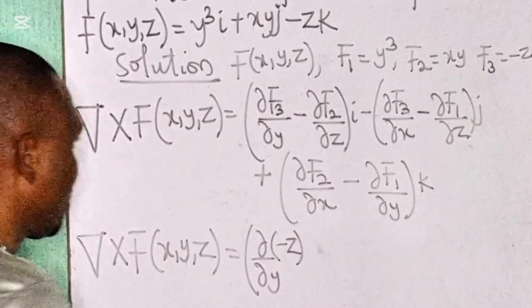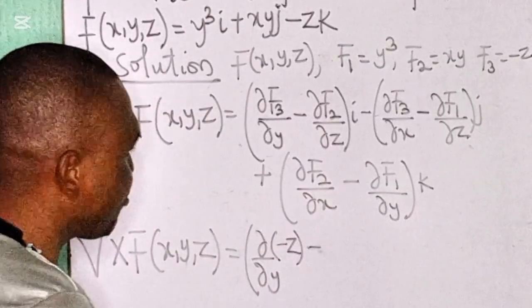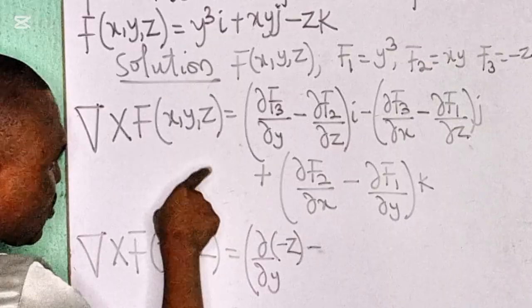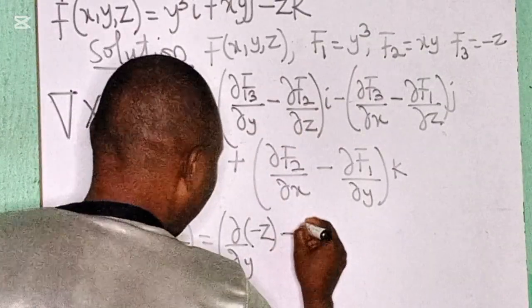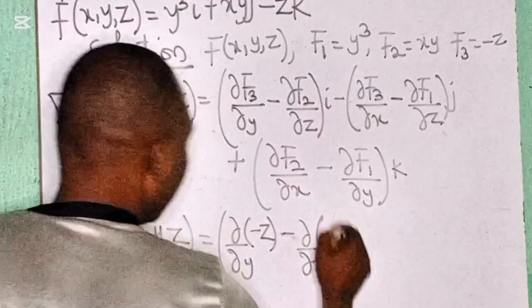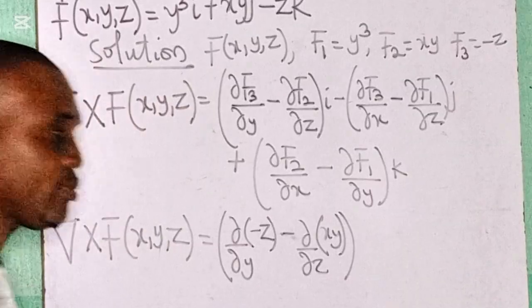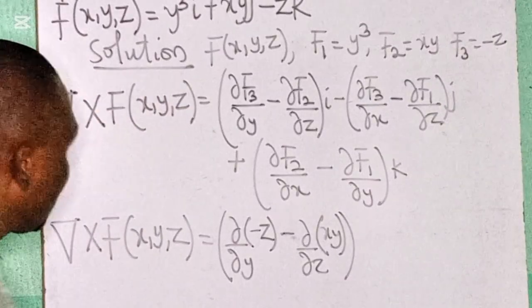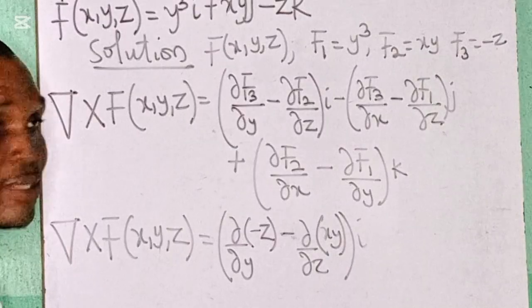Are you following? Good. Then, the partial derivative of f2 with respect to z. Now, our f2 is xy, so we can write it like this. Bracket close. Is that understood? Good. So we are having this as i. Don't forget.